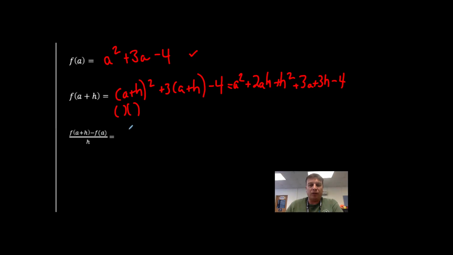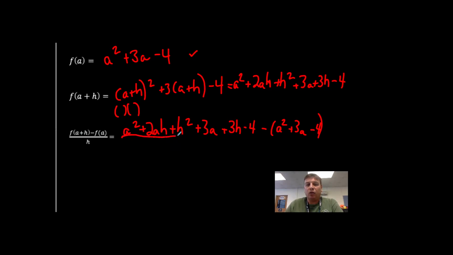So we've got all of this stuff, a squared plus 2ah plus h squared plus 3a plus 3h minus 4, and then I'm going to subtract from that everything that I got for f of a. So I'm going to subtract a squared plus 3a minus 4, and I'm going to divide all of that by h. Yes, I know it's not a very straight line.